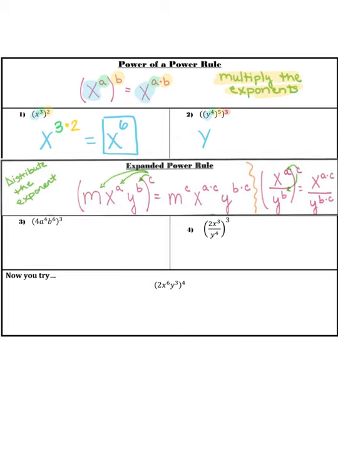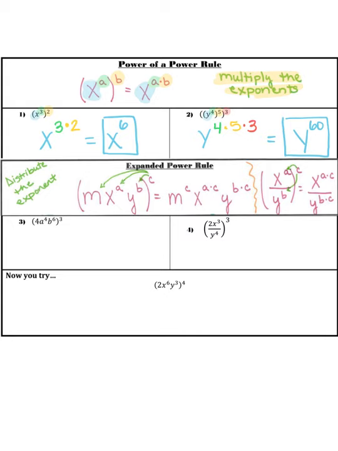So what that means is I'm going to multiply the 4 times the 5 times 3 for my final answer. So we're still going to have a base of y, and the power on our y is going to be 60. So y to the 60th power.